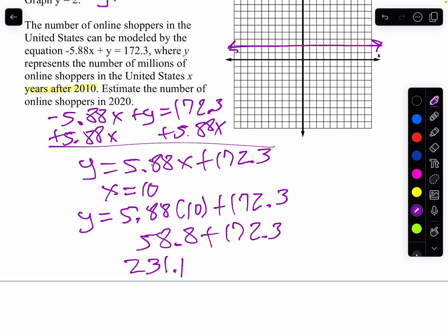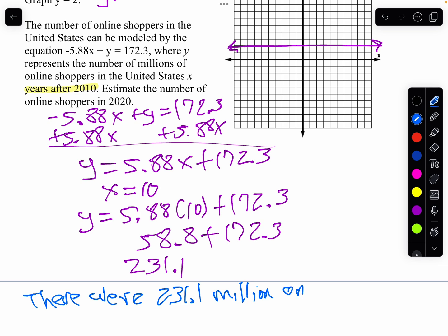Since it's an application problem, well, it's a complete sentence. I'd say there were 231.1 million online shoppers. And there we have it.